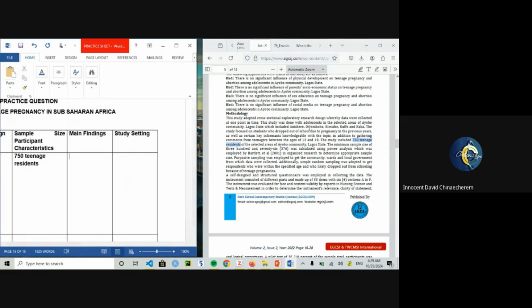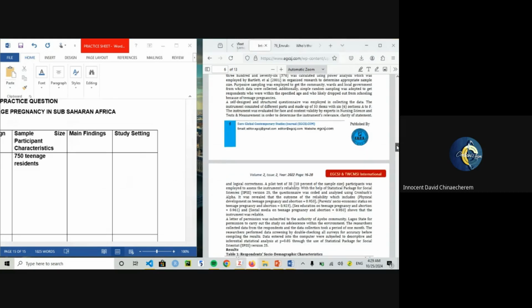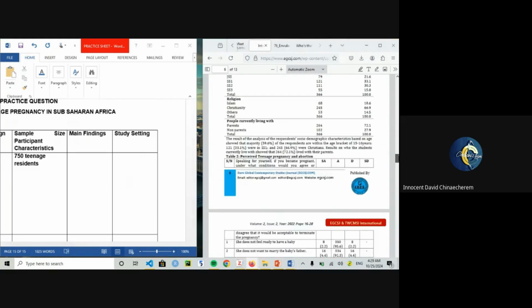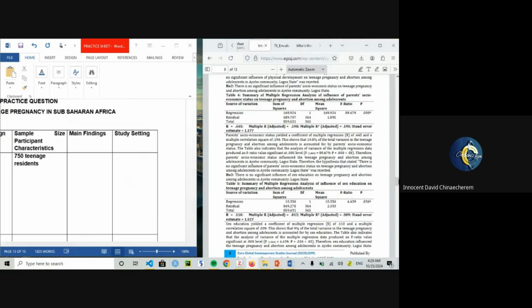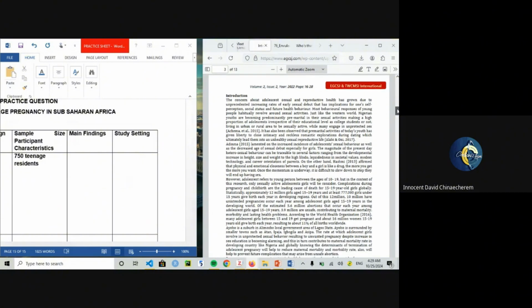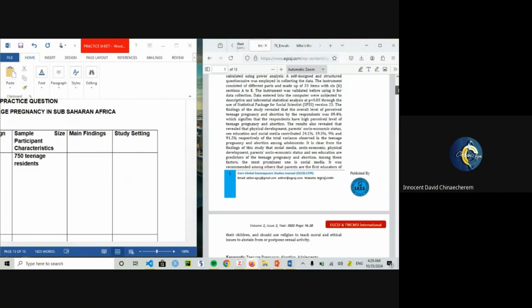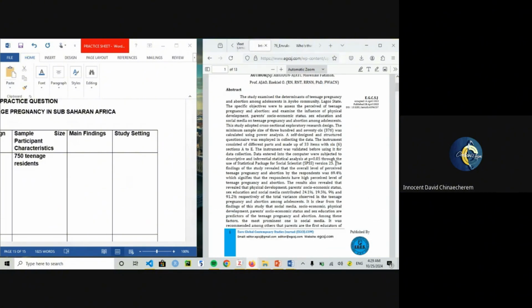Then move to the main findings. To get the summary of the main findings, you can usually get that from the abstract. So here it's saying that the findings revealed that overall this and that.